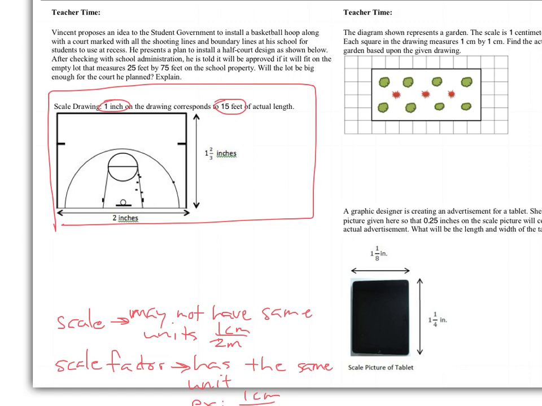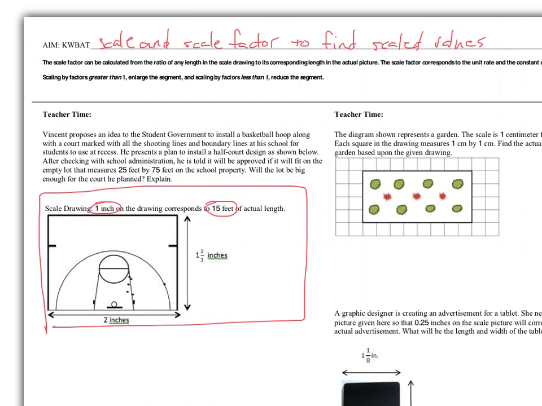Okay, so we have a scale factor of the original and the new. So if we're thinking about the original here, this is our inches. We could do it that way to our new, which is how many feet it is.